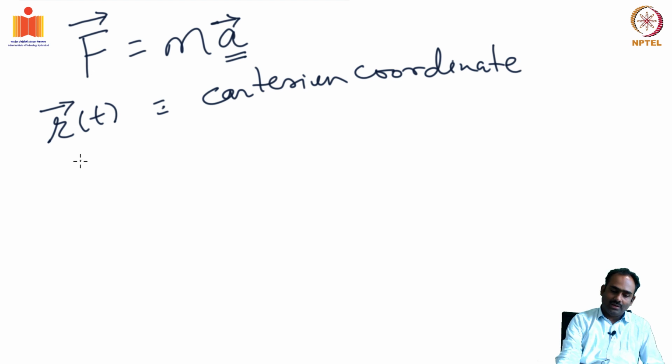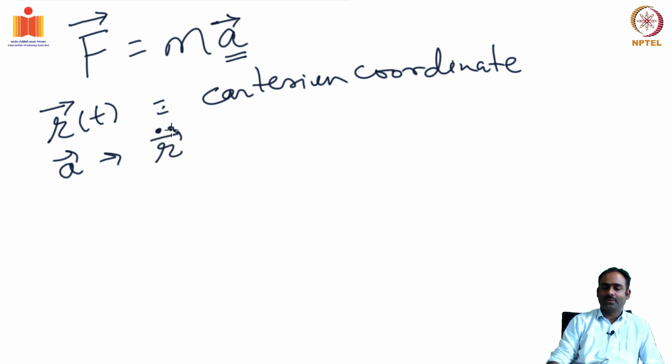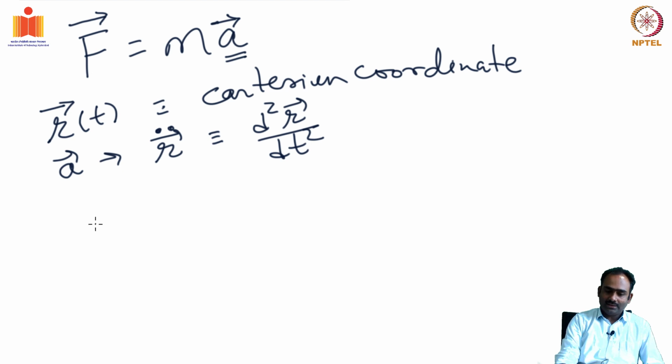And instead of writing A, I will write r double dot, and these two dots signify that I am taking a second derivative with respect to time. Okay, that's what r double dot means. So with this I can write r double dot as force over mass.